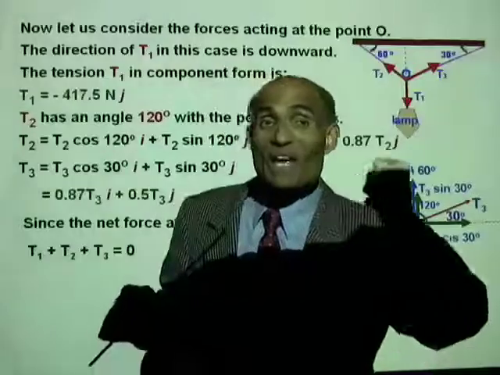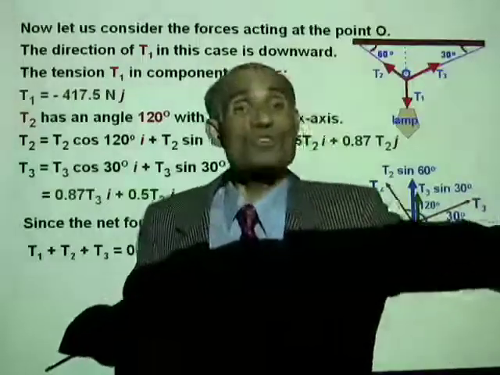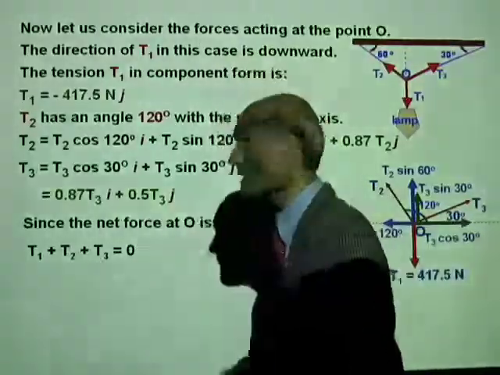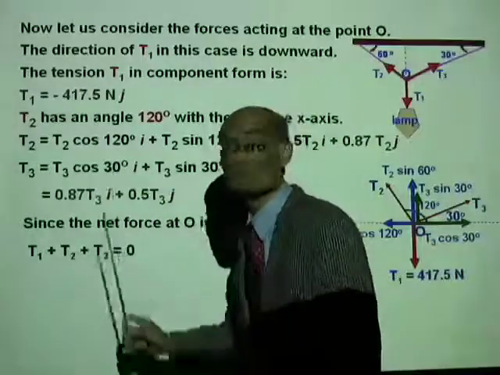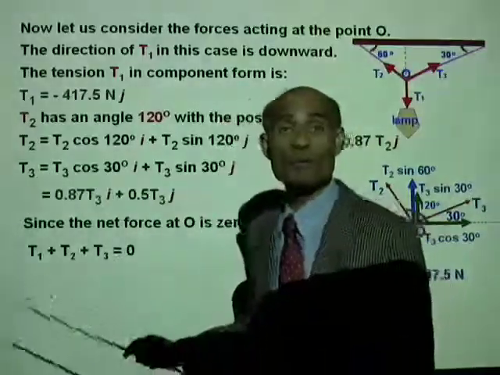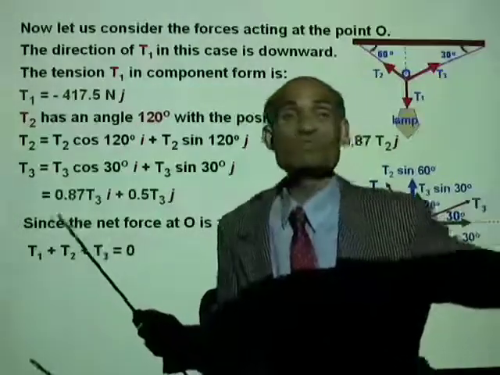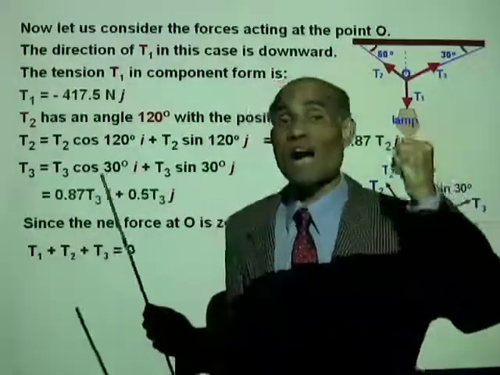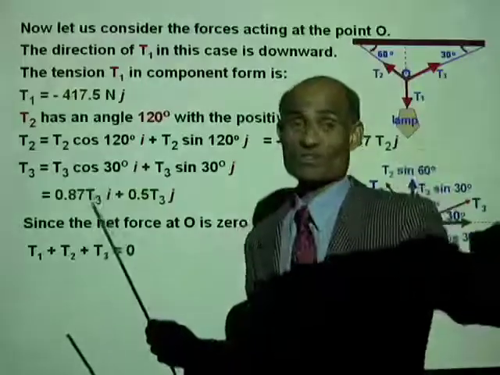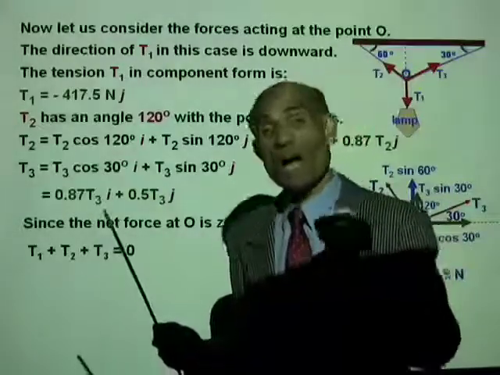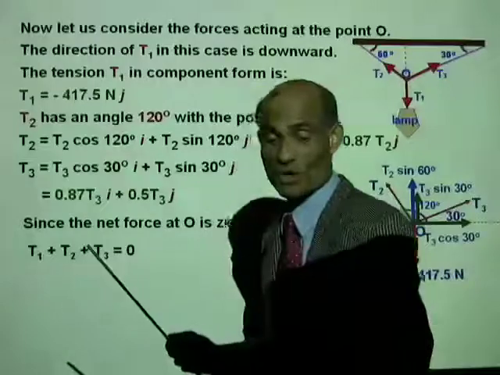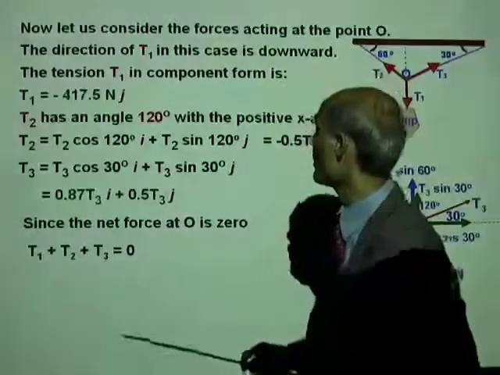And if you add the y components, it also must be equal to 0. When vectors are written in the component form, and we say adding the vectors will give you 0, it means adding the x components will produce 0, adding the y components also will produce 0.